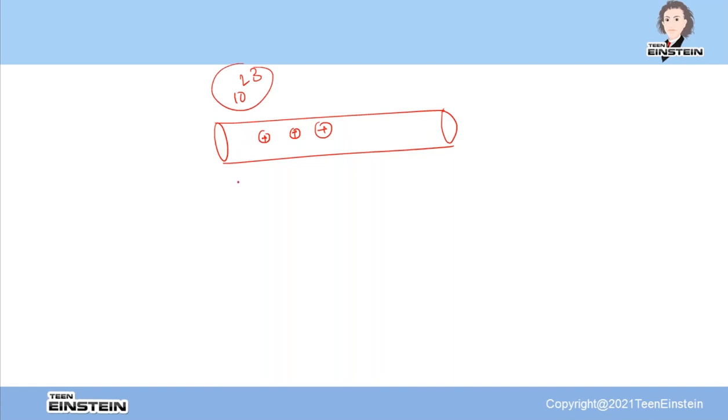When you don't have any electric field, there is no net direction. Suppose I have n electrons, and the ith electron has a velocity vi.